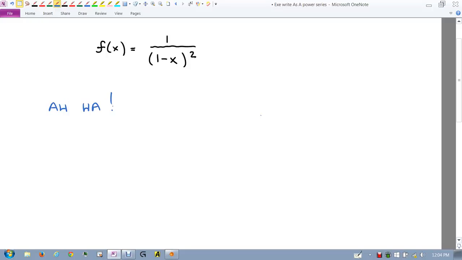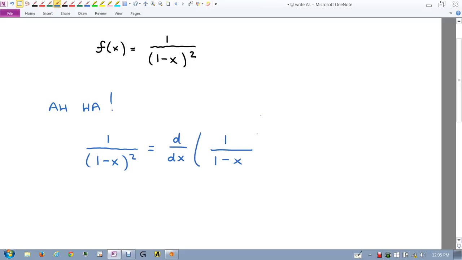I just realized something. 1 over 1 minus x quantity squared is actually the derivative of this, isn't it? Do you agree with that? Remember, this right here is the same as 1 minus x to the negative 1, isn't it?